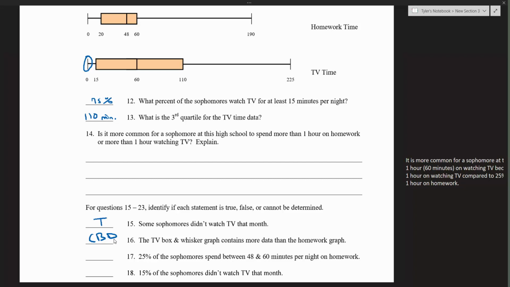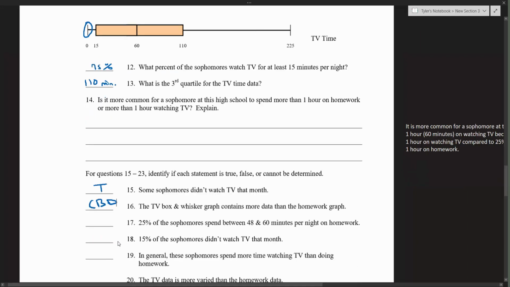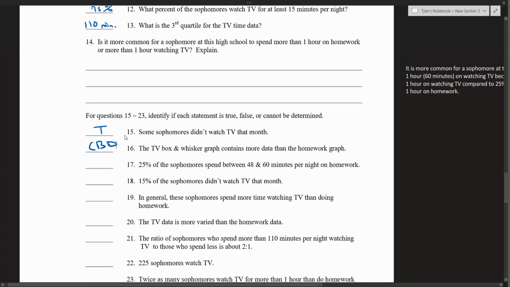That's not what it does. It gives me some information about how the data is distributed, cut into fourths, and it helps me identify outliers pretty easily. So we can't answer a question about how many of something there were.